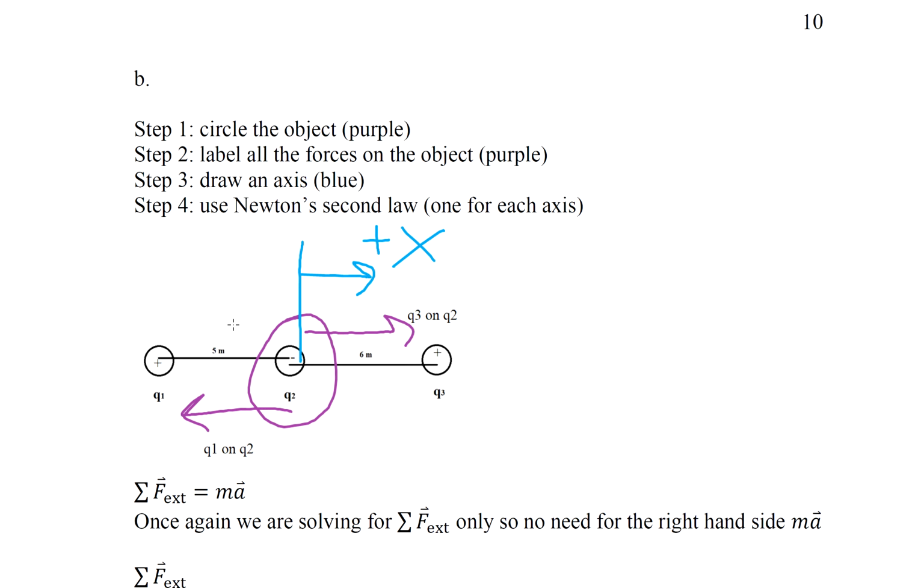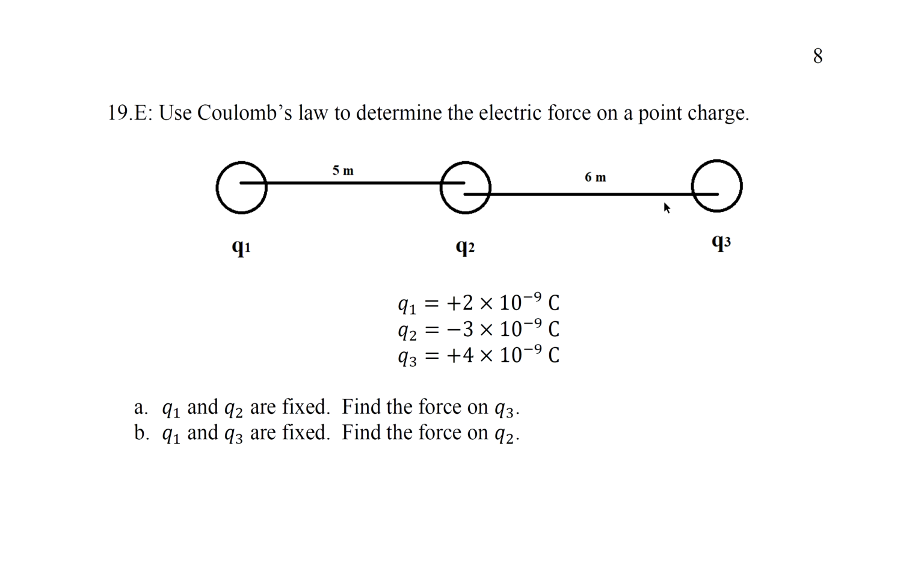Now let's look at the original question here. Q1 and Q3 are fixed. Find the force on Q2. So Q1 and Q3 are not moving. Q1 is positive, Q2 is negative. So Q1 is going to pull Q2 to the left.